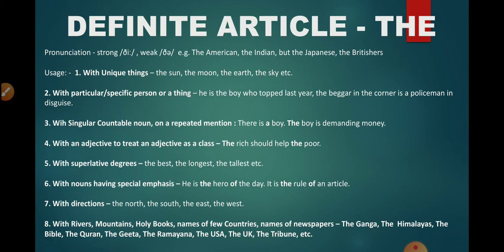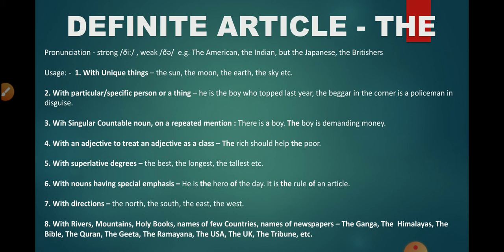The beggar, which beggar? Who is standing in the corner. So, this prepositional phrase again gives some particular or specific identity to beggar. So, we must use the before it.